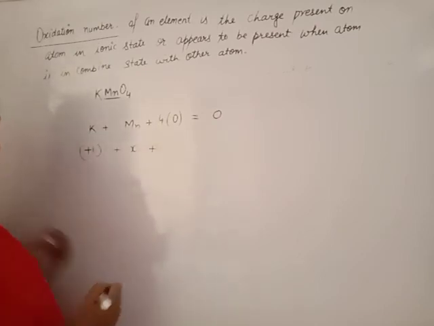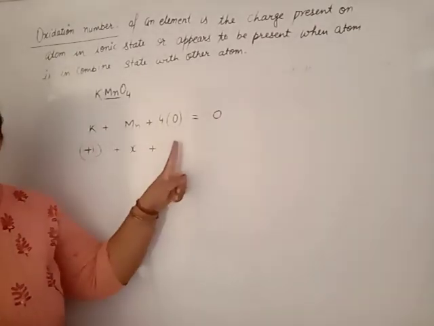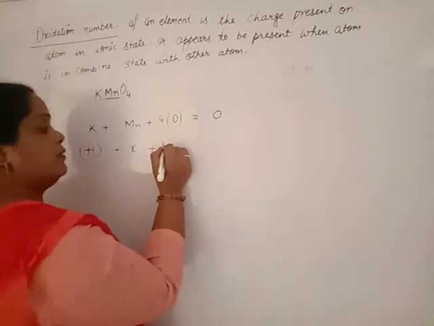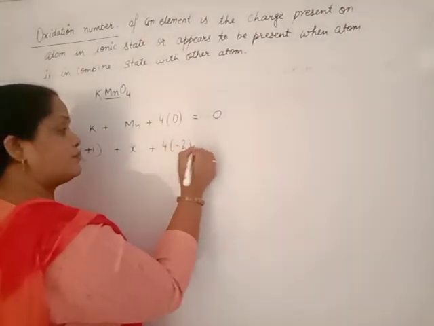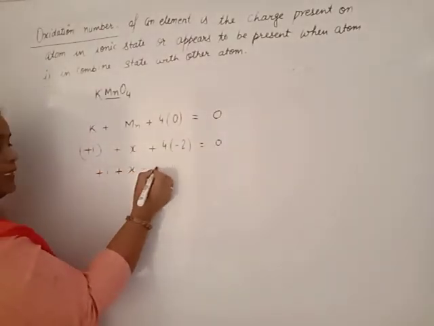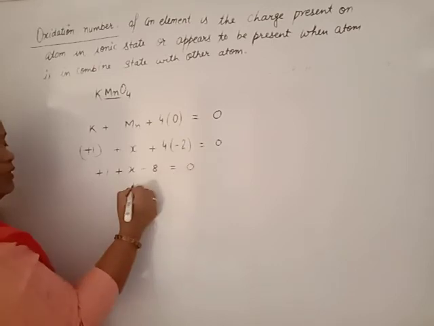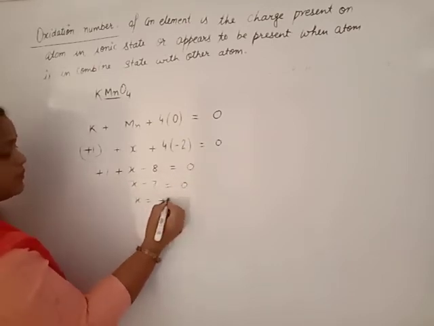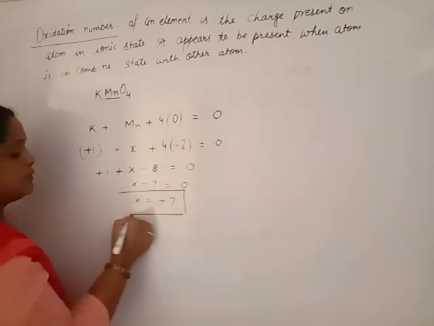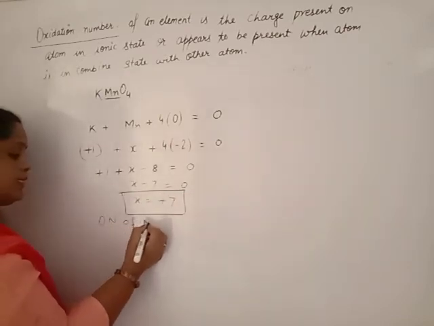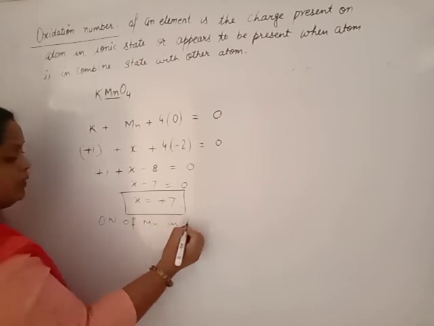Oxygen, beta, it is not peroxide, superoxide or fluorine, so oxygen carries -2. +1 plus x minus 8 is equal to 0. X minus 7 is equal to 0. X is equal to +7. It is the oxidation number of manganese in KMnO4.